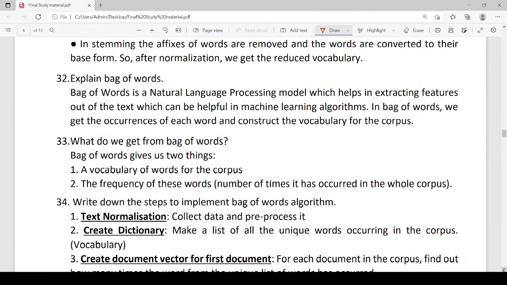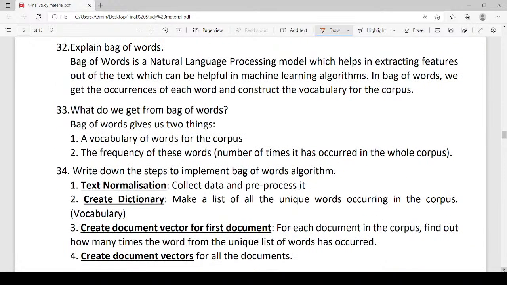Now the 4 steps involved in bag of words algorithm are: the first one is your text normalization, wherein you're going to collect the data and pre-process it. Then you're creating a dictionary of unique words. Even if a word is going to occur multiple times, you have already made it lowercase, so here you're going to pick up the word only once.